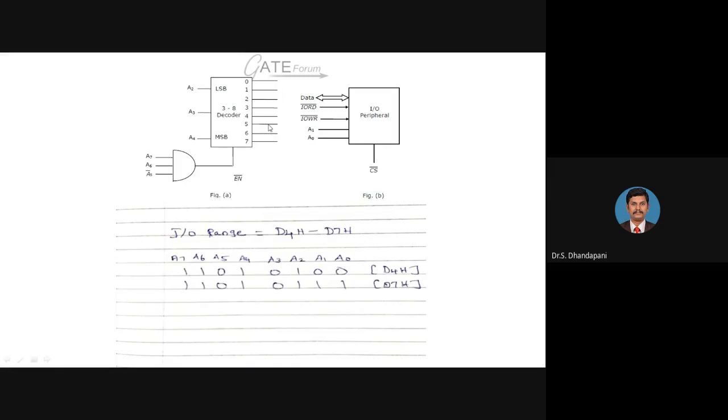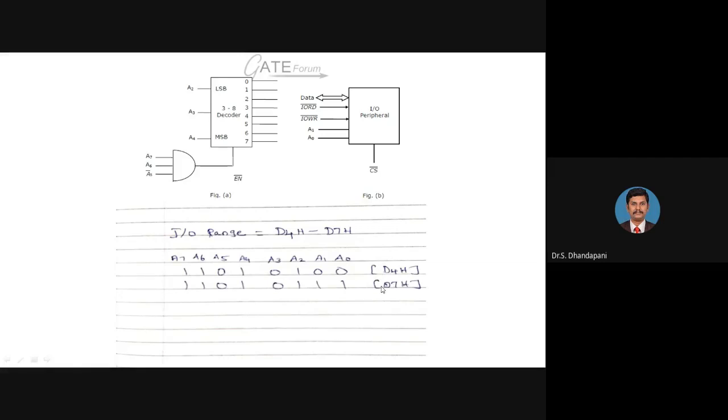So this output 5 should be connected to the chip select bar. Only when the value of input is 101, output 5 will be selected. At that time, if we connect output 5 here, automatically this IO peripheral will take the map D4 to D7. I am summarizing. The IO peripheral should be selected for the given address D4 to D7.